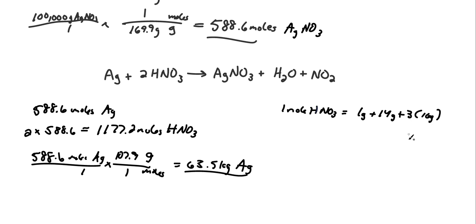After a while, you kind of get to know these. So 3 times 16 is 48, plus 14 is 62, plus 1 is 63. So 1 mole of nitric acid weighs 63 grams.